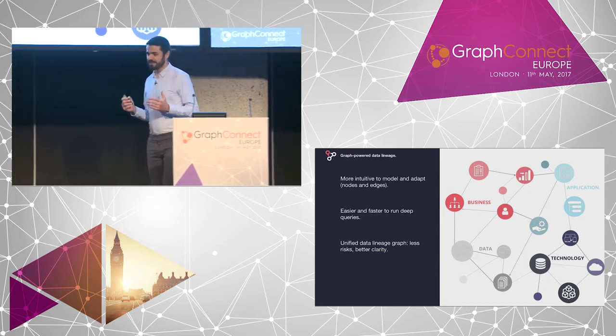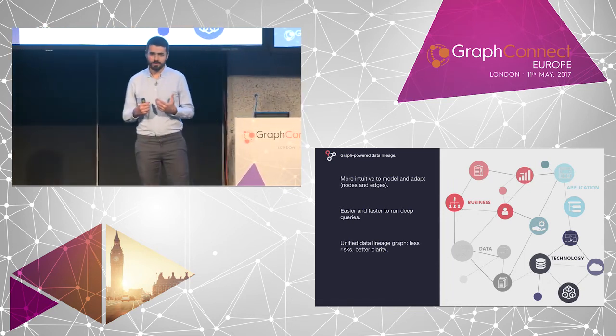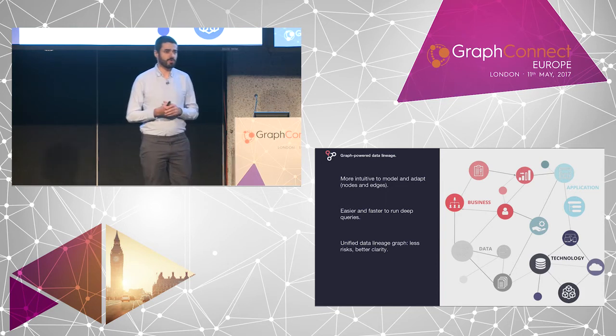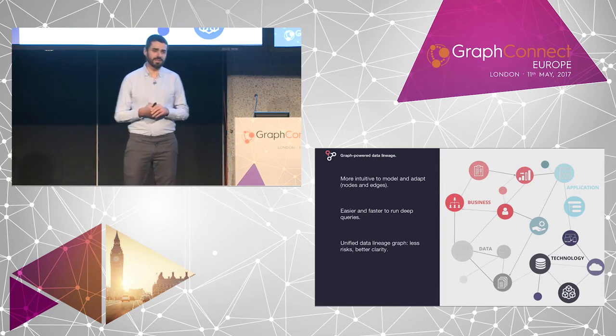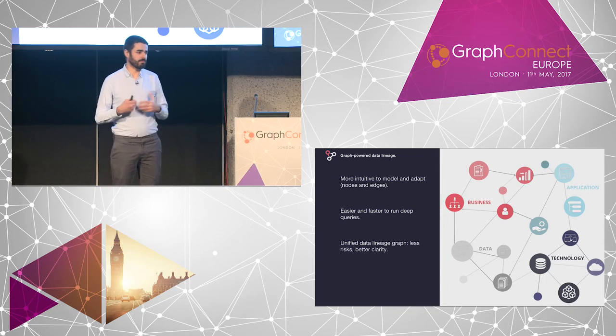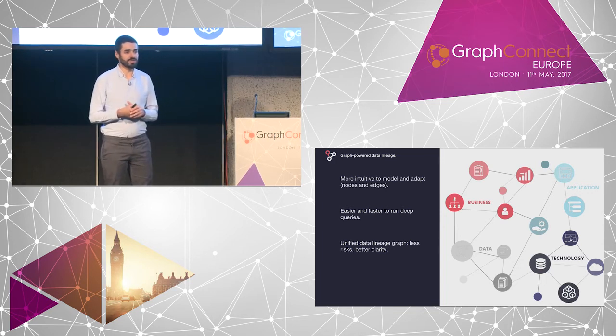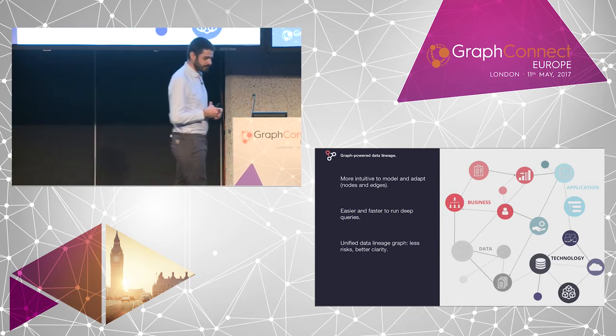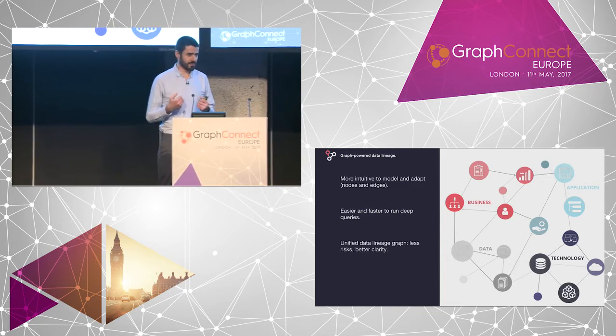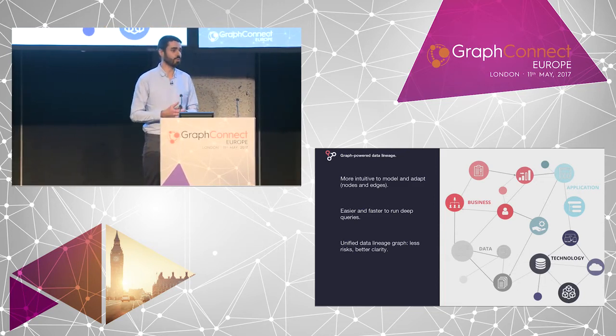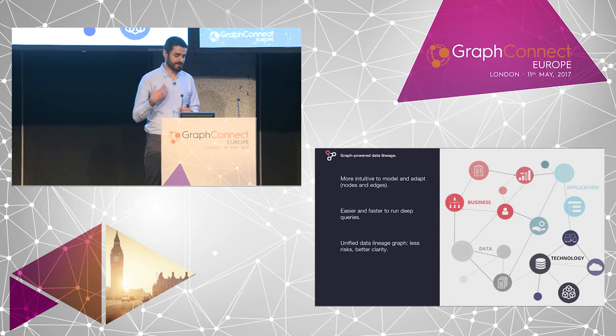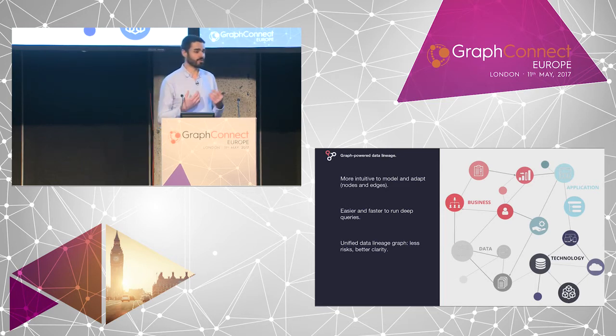The result of all that is quite transformative. With graph technologies, you have a strong foundation to create a data lineage graph where you can keep up to date the data lineage information within your organization and query it with great performance. So this brings more clarity into what is going on, faster answers, and smaller legal risk.